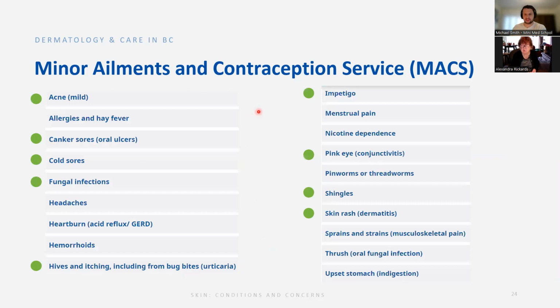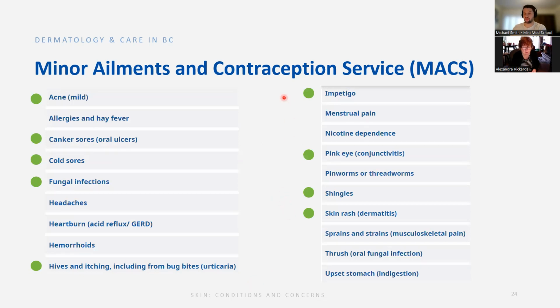Here's a complete list of the 21 ailments they're able to assess and treat. I've put a green dot next to the ones that are more related to skin conditions for this talk. So we have things like mild acne, canker sores, cold sores, which are slightly different and present more as a herpes presentation that can appear near the lips or the genitals, different types of fungal infections, even things like toe fungus, hives, itching, anything from a minor allergic reaction or a bug bite.